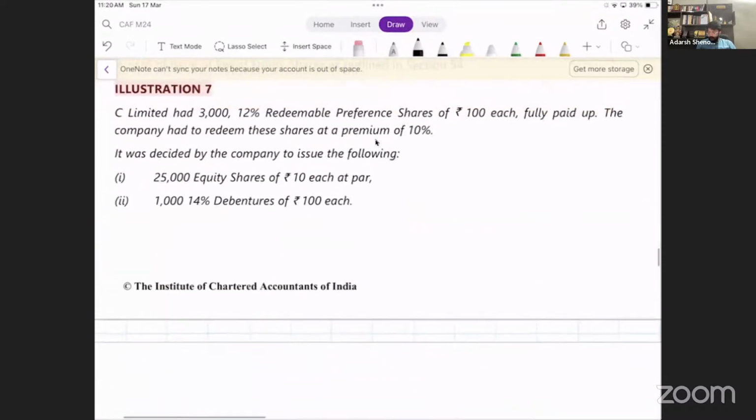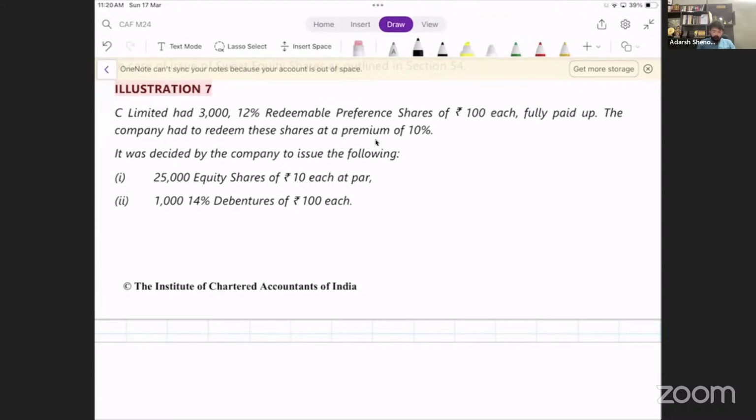Now we're going to look at illustration 7. C Limited had 3,000 12% redeemable preference shares of rupees 100 each, fully paid up. The company had to redeem these shares at a premium of 10%. Okay, so they are redeeming the preferences at a premium.